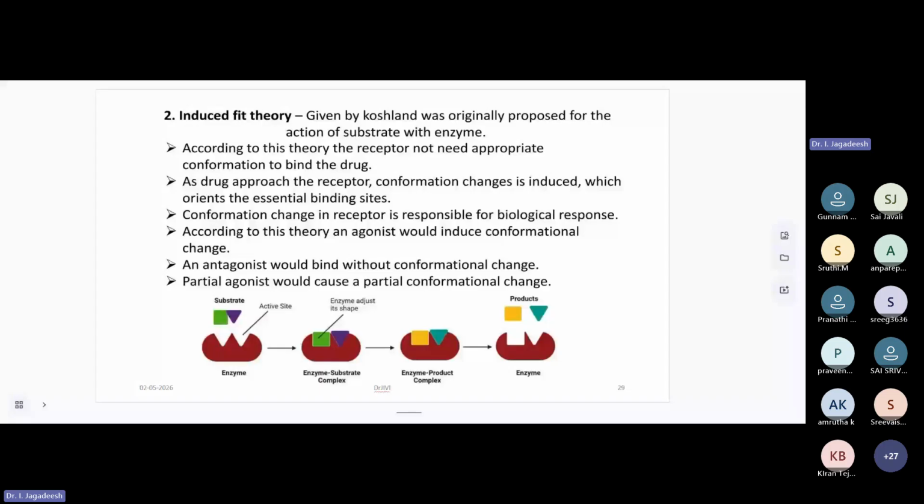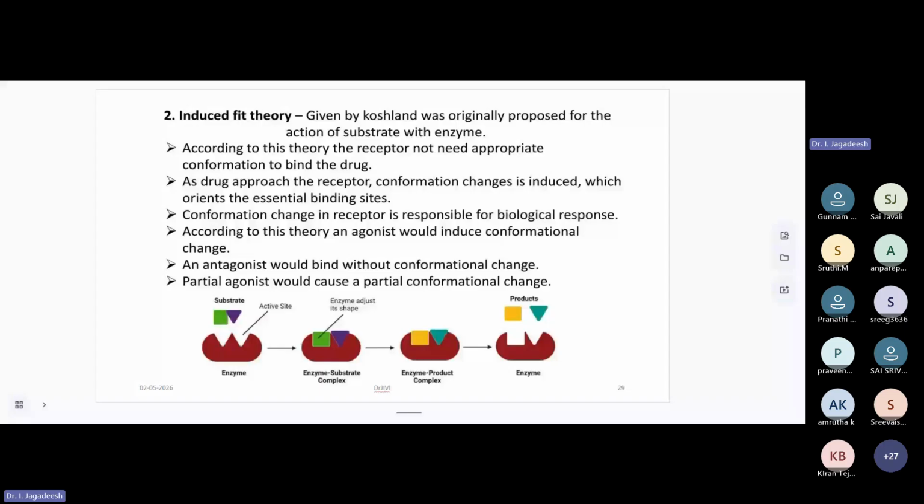We need to accept this induced fit theory without any hesitation. This is the reality. This is where de novo drug design and our drug research find it challenging to accept, but at the same time we need to take it into consideration and proceed further.